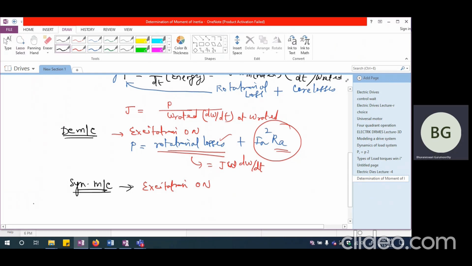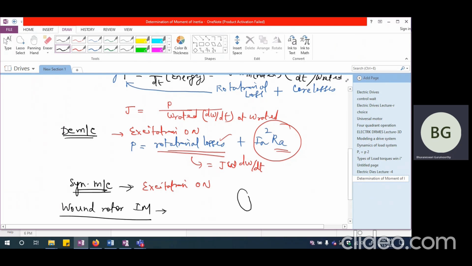If we are talking about a wound rotor induction machine, it basically will have windings in both stator as well as rotor. Whereas in a squirrel cage induction machine, the rotor is going to just have rotor bars.